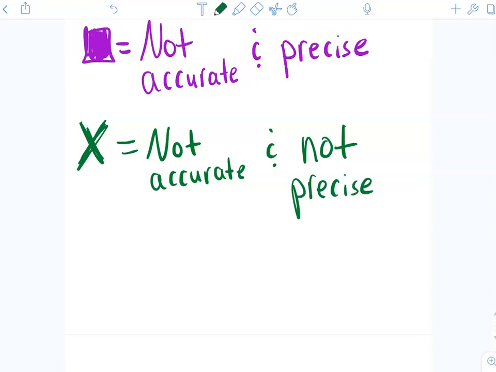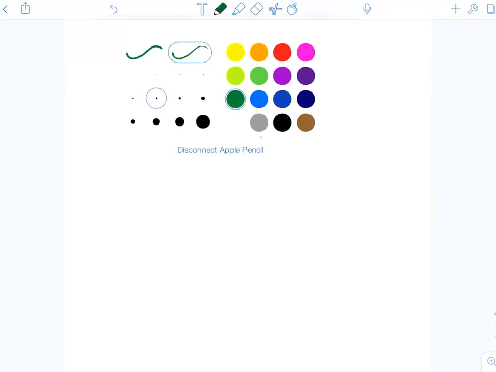Okay, and again, that's just a visual way of looking at accuracy and precision, but for us, we're going to be looking at more word problems than we are necessarily pictures. So, our first example.